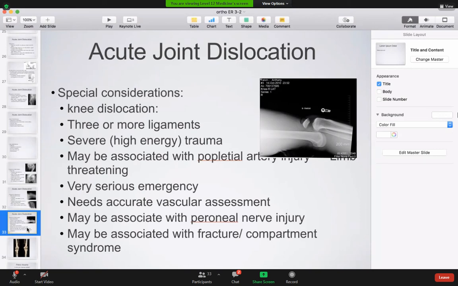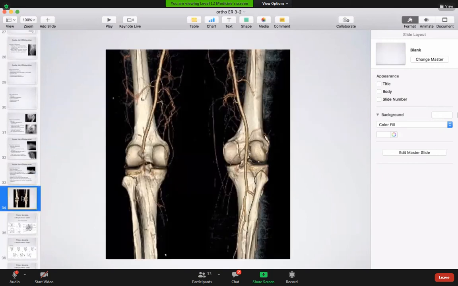You also need to check the peroneal nerve and rule out compartment syndrome. There's a picture of a CT angio which shows that the blood supply is stopping behind the knee. That means there is some vascular injury and occlusion.